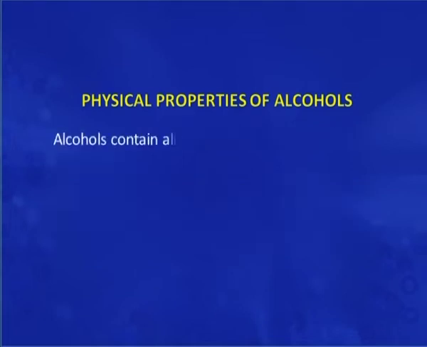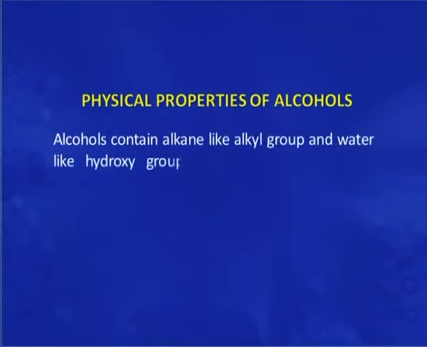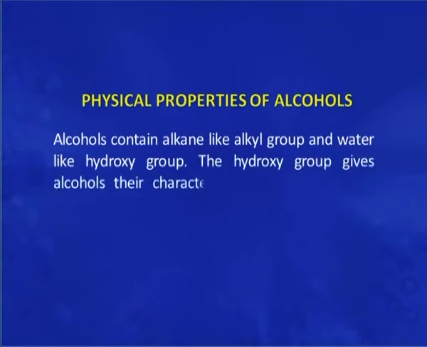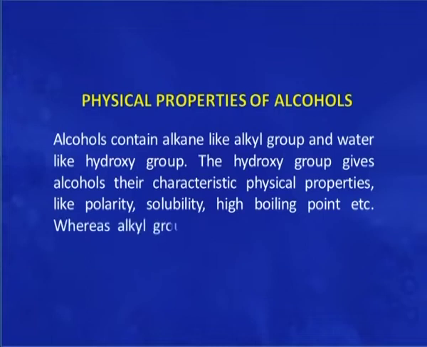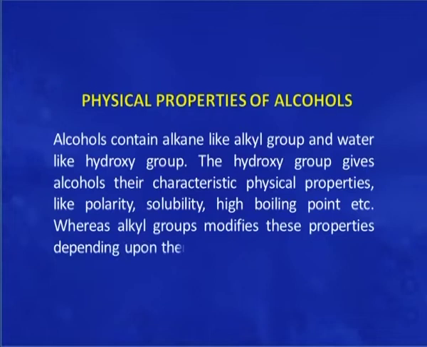Alcohol contains an alkane-like alkyl group and a water-like hydroxy group. The hydroxy group gives alcohols their characteristic physical properties like polarity, solubility, high boiling point, etc., whereas the alkyl group modifies these properties depending upon their size and shape.